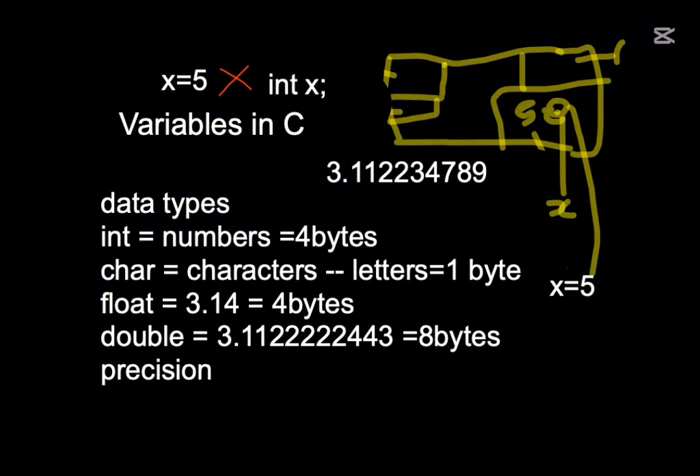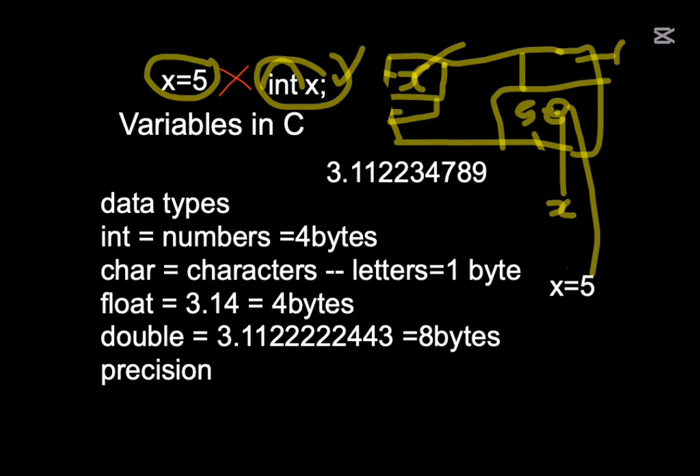So if I say int X, this is allowed. That means you're trying to book a space. The type of space you want is int, so you want a space that can store numbers. Let's say here is the part of memory that stores numbers. It's going to book a space for you, and it's going to call it X. After writing this, now you can write X equals 5, because you now have a space called X and you're trying to store 5 inside.